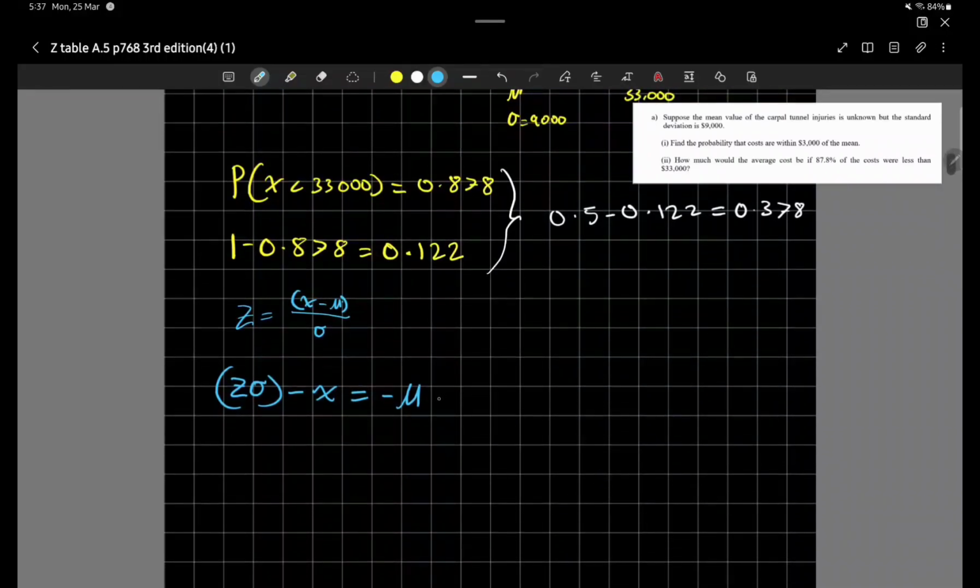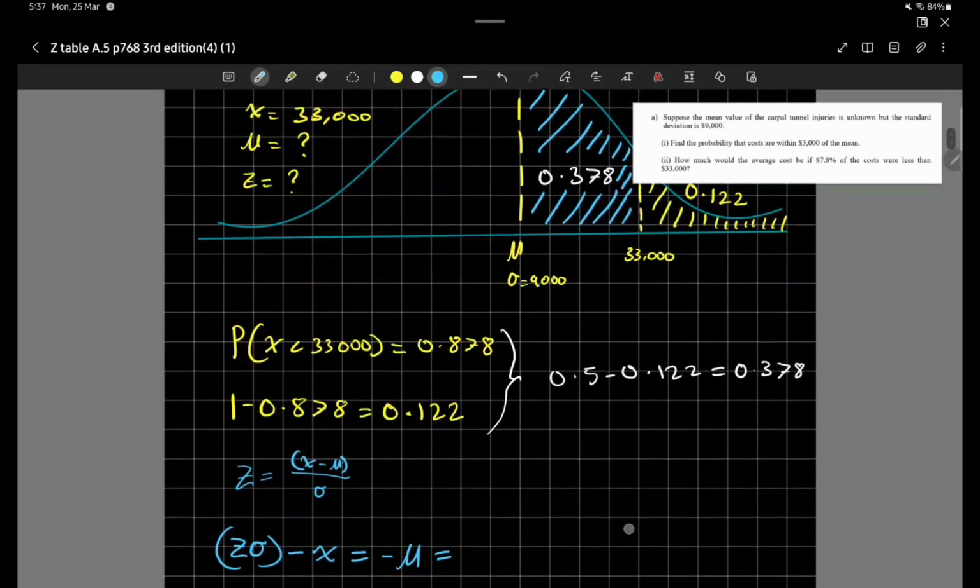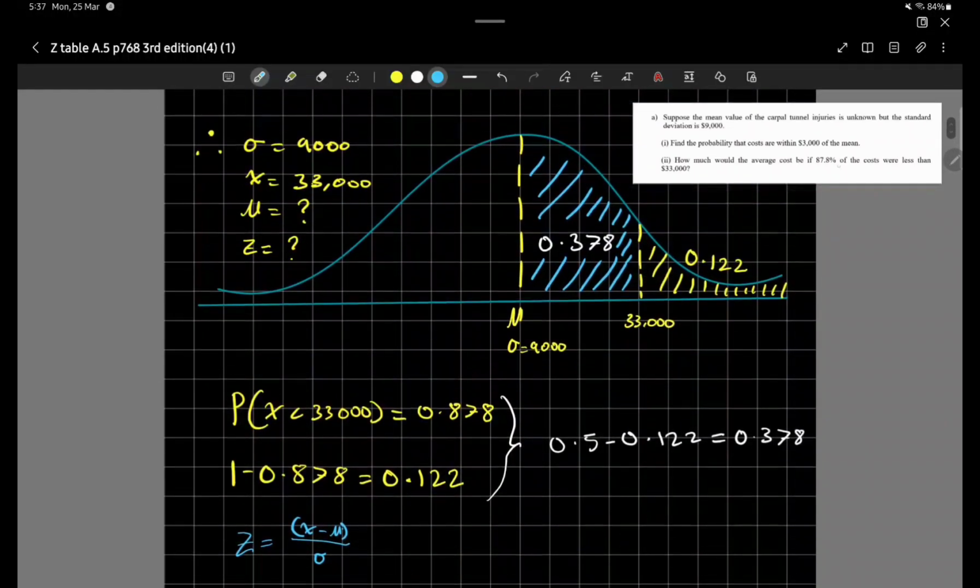And the interesting thing here is, because the problem said 87.8% of the costs were less than this value, we're talking about the whole function and not just this.